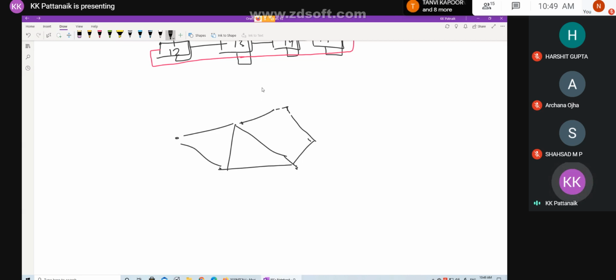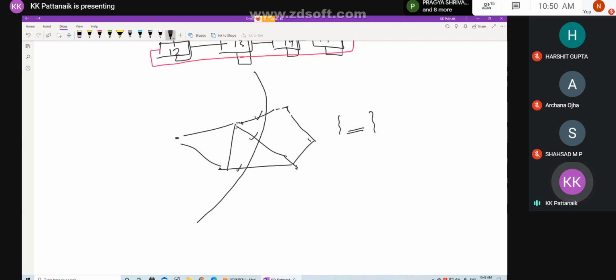If I draw a line here, is it dividing the network into two parts? Right, it is dividing the network into two parts. So these are the three links forming a set which is dividing the network into two parts.